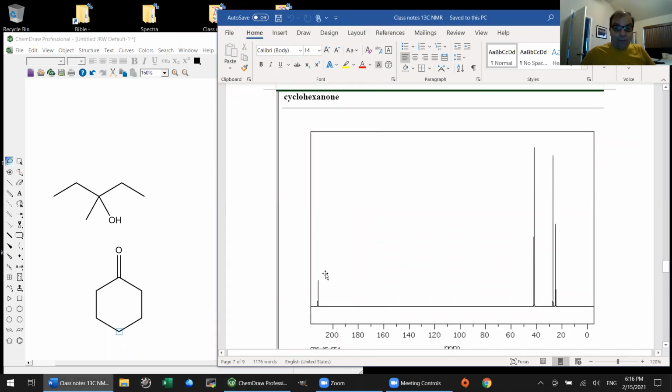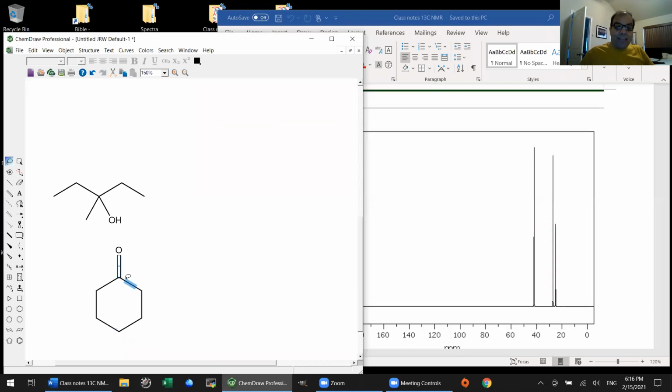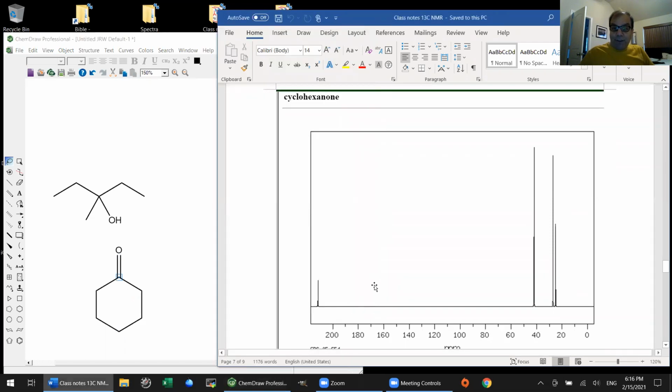Of course, this one down at, I almost want to call that around 215, that's going to be your carbonyl carbon. And that's very typical of where we would see a carbonyl carbon on a ketone or aldehyde. Maybe somewhat further upfield if you had an ester or carboxylic acid, but ketone or aldehyde carbonyl carbons are very, very far downfield. They're pretty much as far downfield as you ever see anything showing up.